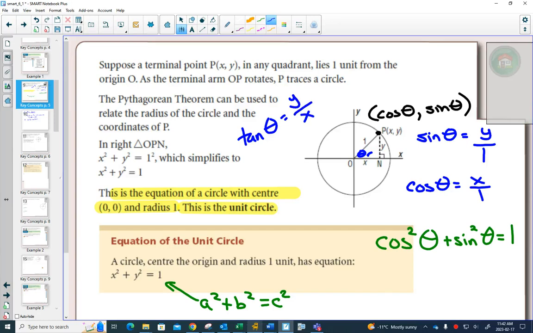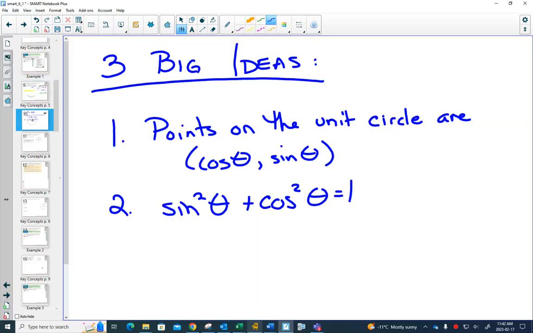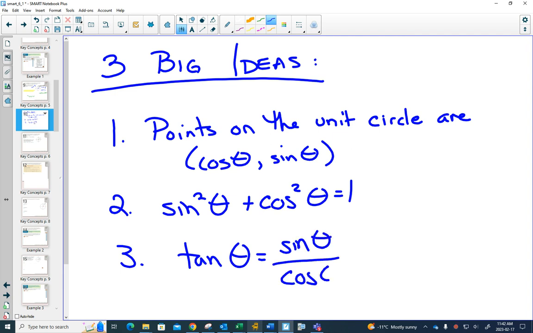But since y is sine of theta and x is cos of theta, we have big idea number 3, that tan of theta is always equal to sine of theta divided by cos of theta.